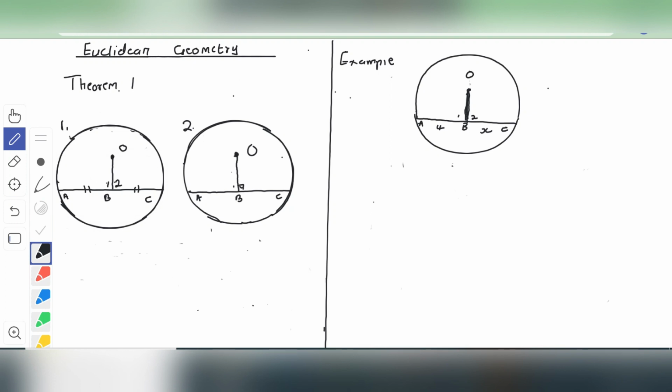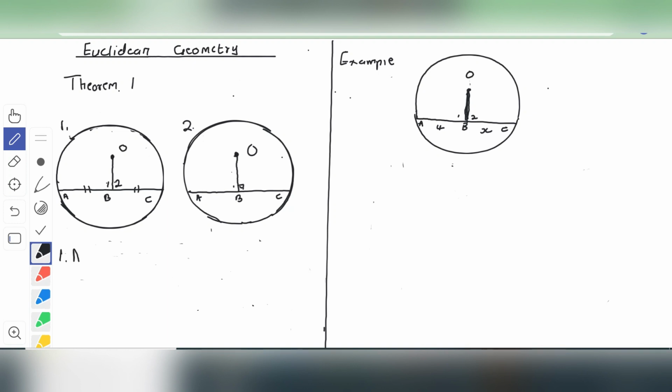Okay, guys. As you can see, we have two diagrams, and I just label this one 1, and the second one 2. From the first diagram, we are given that AB is equal to BC.